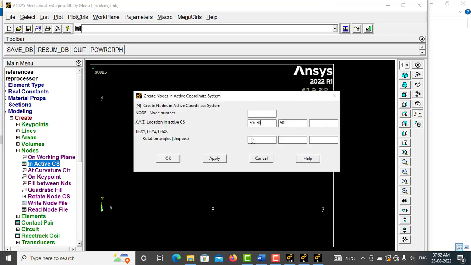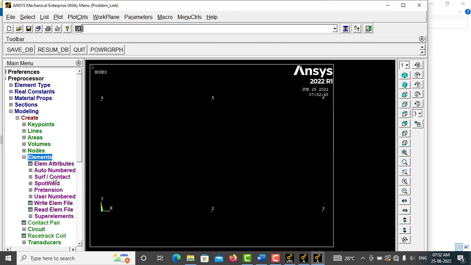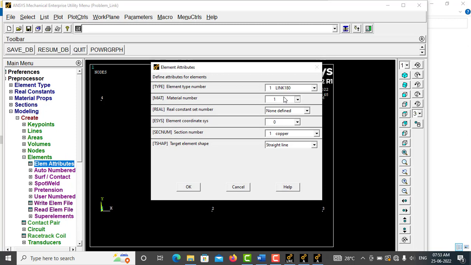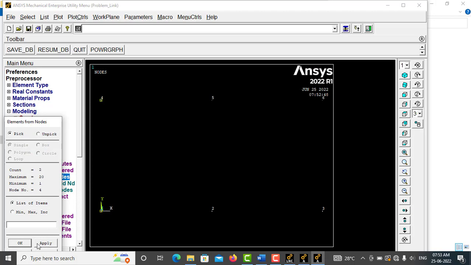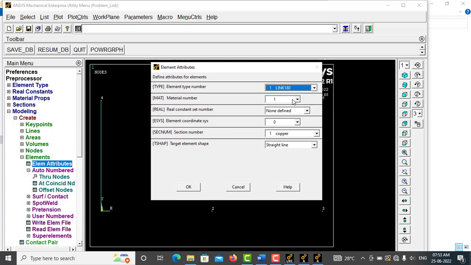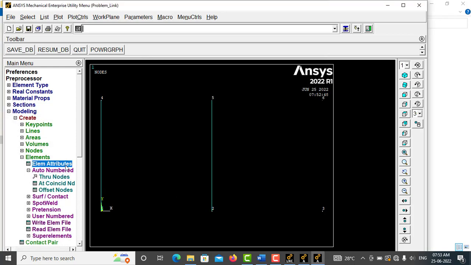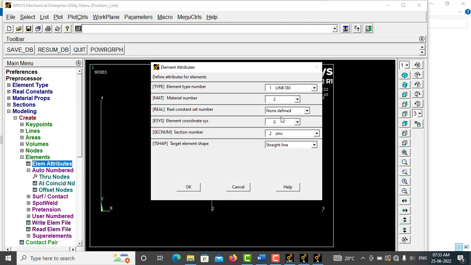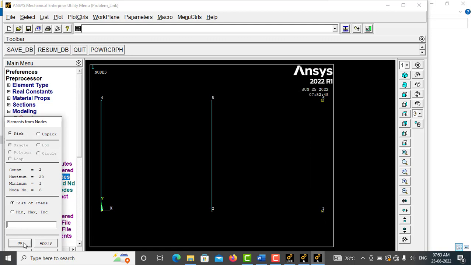The length and the gap will not affect anything, because we are just going to find the load and stresses. So assigning the first element and first material, creating the first element, similarly the second, and the third, aluminum.